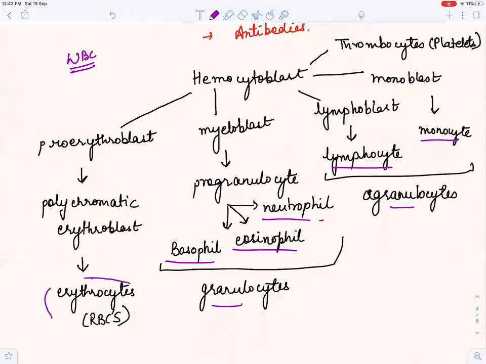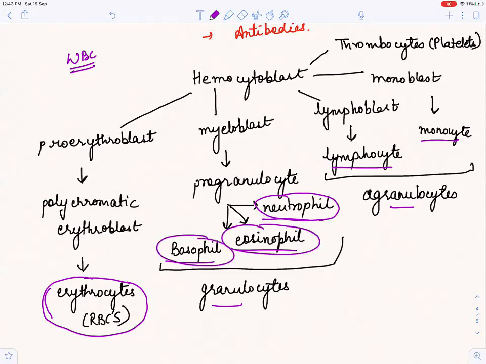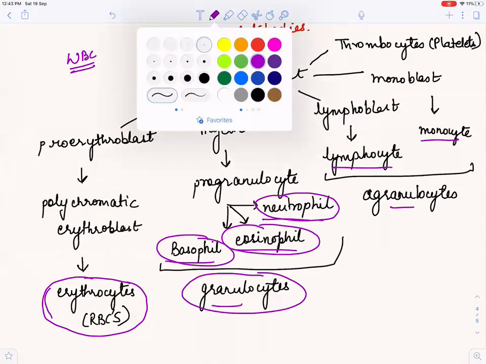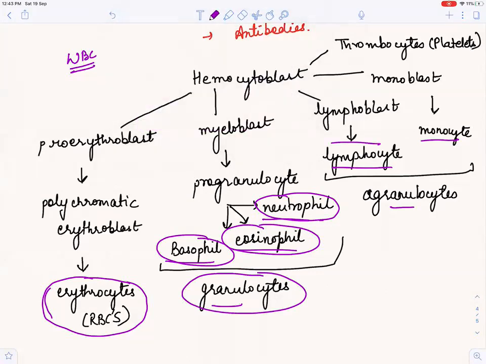Erythrocytes, RBCs. Okay. Then we said there are WBCs. We divided WBCs into neutrophil, eosinophil, basophil, which are granulocytes. Then we said that lymphocytes and monocytes are agranulocytes. Okay. And then platelets.